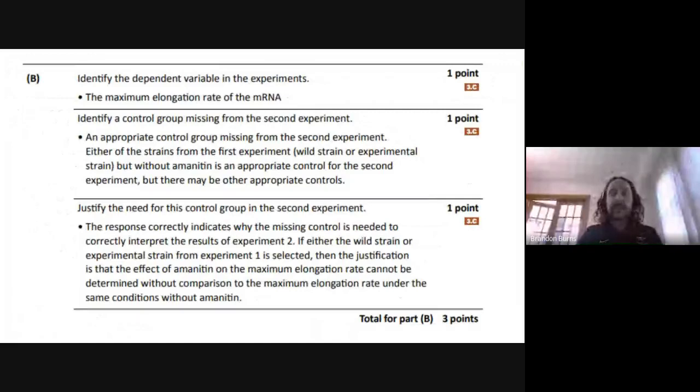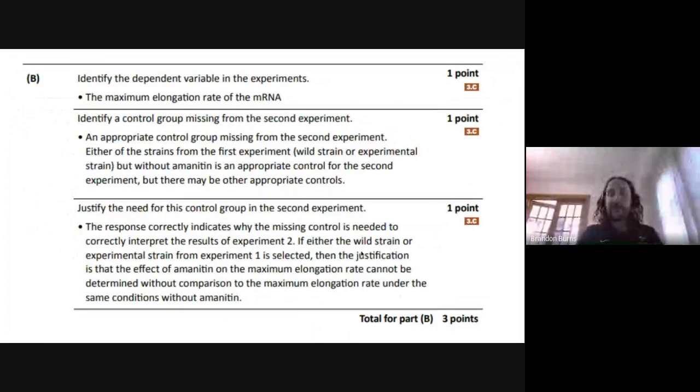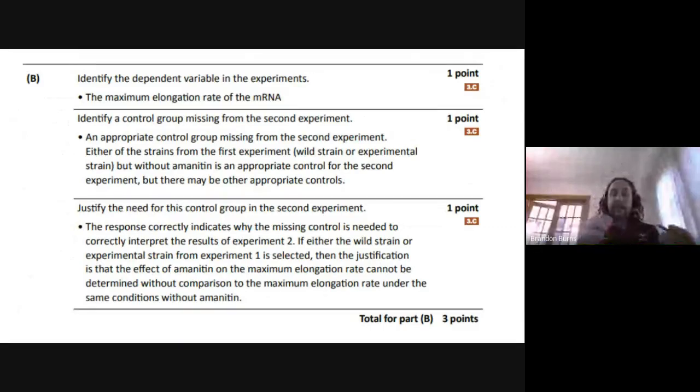And your answer should have described that a missing control is needed to interpret the results of experiment number 2. So if either the wild strain or the experimental strain is included, then you can justify that amanitin has affected the elongation rate. If you don't have that, you can't justify that amanitin has affected the elongation rate. Okay.